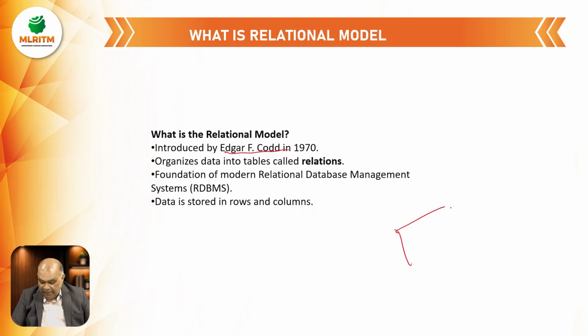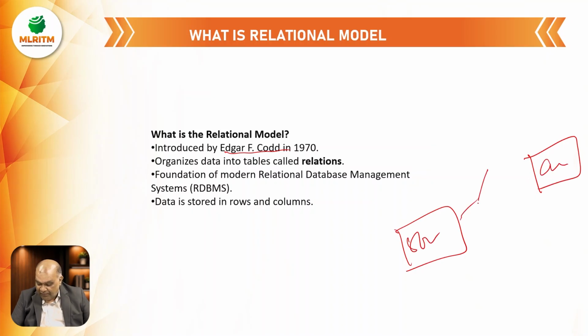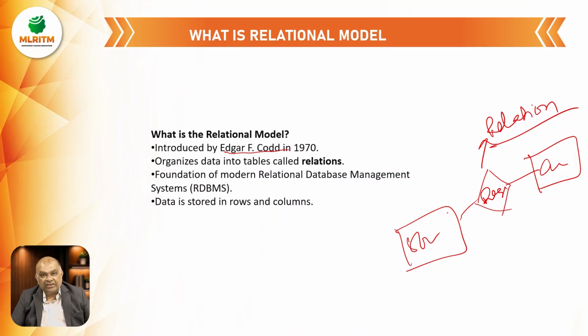One is a student entity, another is a course entity, and between them we have a relation: student registers for the course. When students register for the course, this is called a relation between the two entities. Entities are drawn with a rectangle, and a relation is drawn with a diamond symbol.